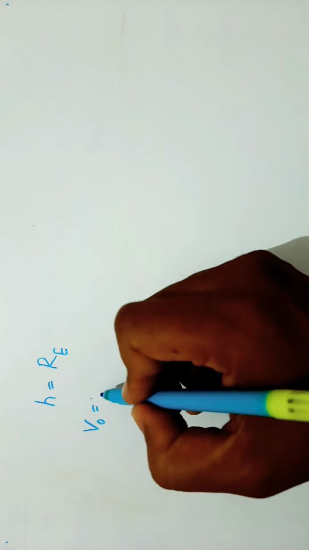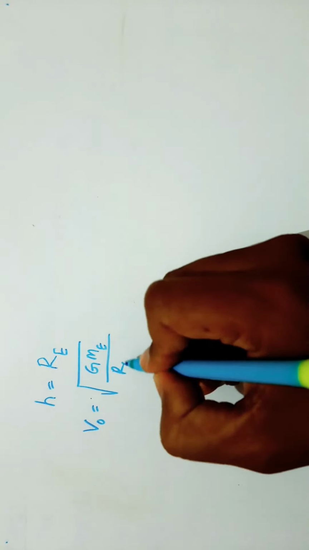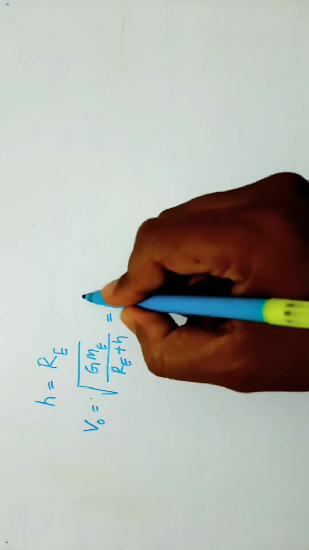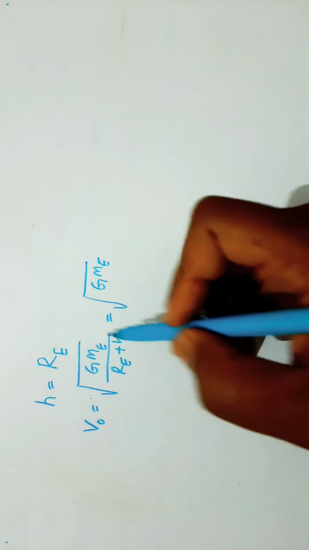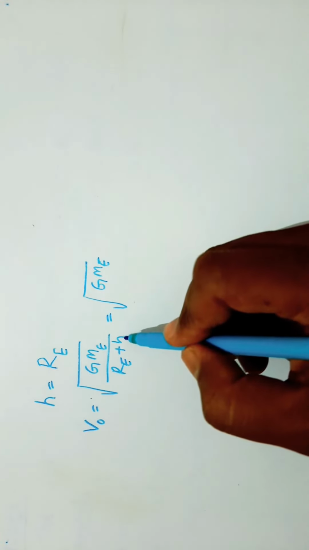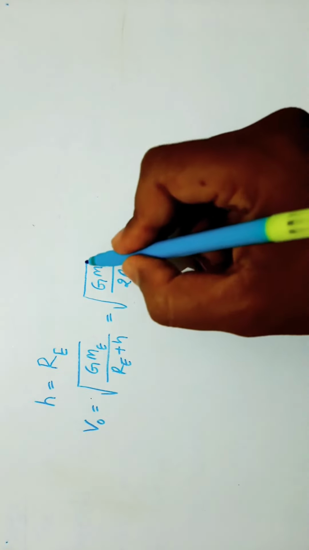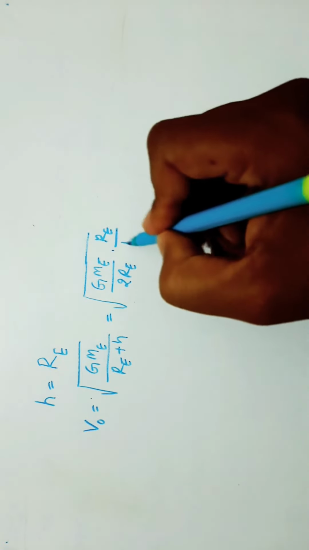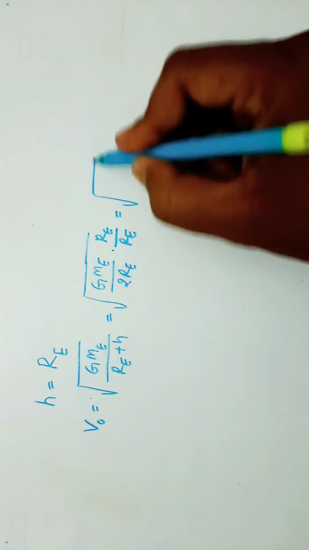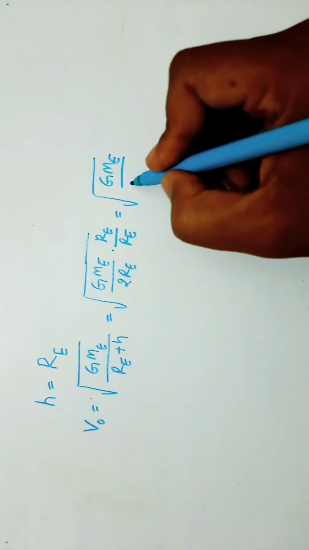So here the orbital speed v0 is equal to, we know, the square root of GMe by (Re + h). Here h is equal to Re, so substituting, Re + Re is 2Re. I am multiplying and dividing by Re, so we get GMe by 2Re into Re.